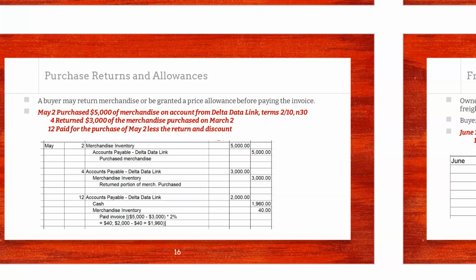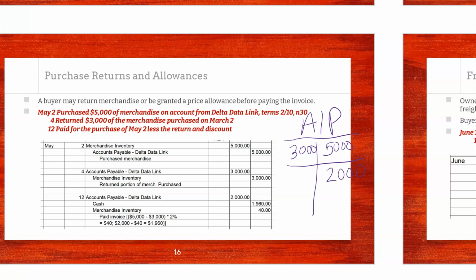Now, let's watch what happens to the T account for this accounts payable. This is important. So here's our little T account, right? So we first had a credit there of $5,000 because that's what we owed. All right, and now we're going to debit it $3,000. And when we do that, we see we have a balance of only $2,000.